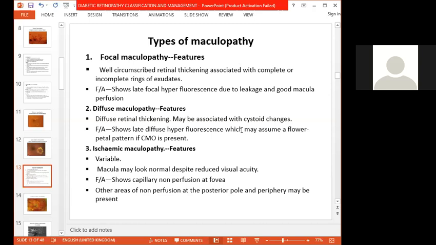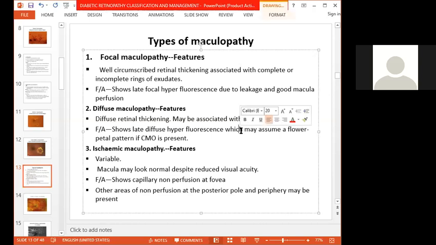It will show if you take that piece and stain it. With histopathology, you can determine that there are spaces within that retina, not by looking at it. You can say it's thickened, but the spaces inside, you can't see them unless a histopathology slide is done.